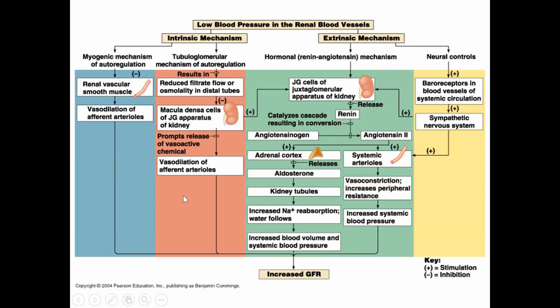This blue and orange part is the intrinsic mechanism, and the green and the yellow is the extrinsic mechanism. Okay, both of these arms are going side by side, but the intrinsic mechanism is more like a local, second by second regulation, and the extrinsic mechanism is a stronger regulation by changing the systemic blood pressure.